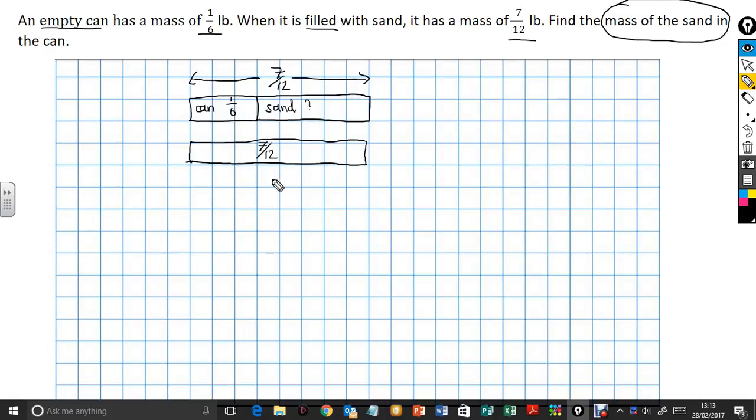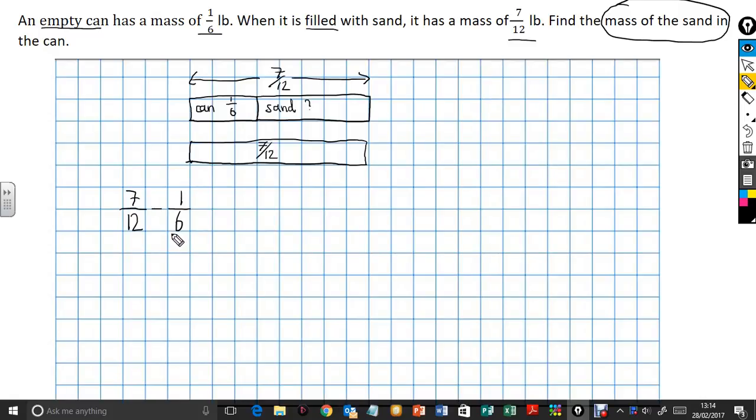And here is where the challenge of the problem is. Let's have a look. So we've got 7/12 subtract 1/6. And as I said, this is the challenging bit, because if you notice, the denominators are not the same, and we cannot add or subtract fractions unless the denominators are the same.